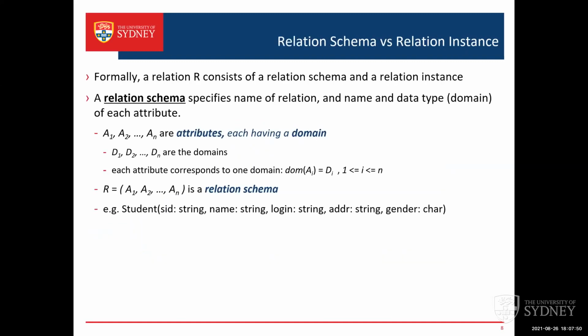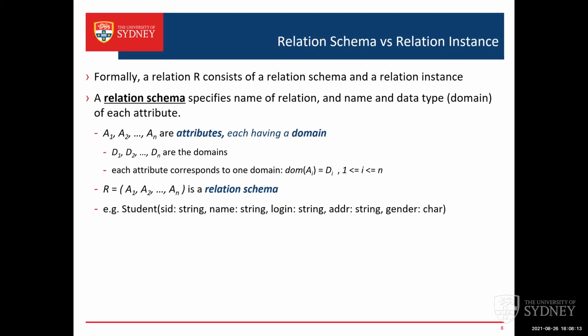Okay, so when we are going to write these relations formally, that is known as a schema. So when we are going to write a schema, what should we define? We need to define 3 things. First one is the name of that relation, that means what is the name of that table, and then the name and data type of each attribute.